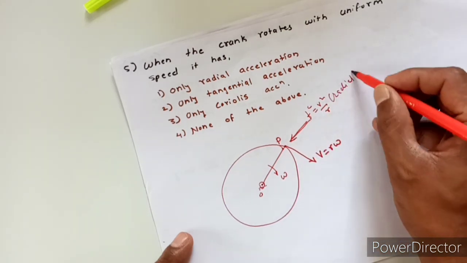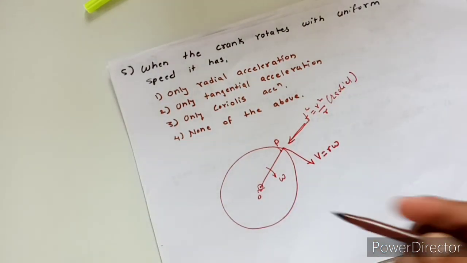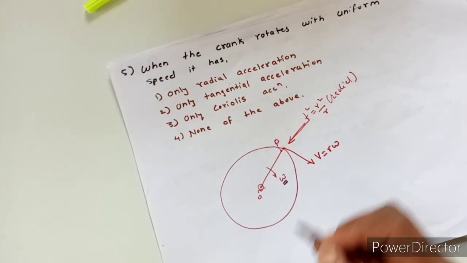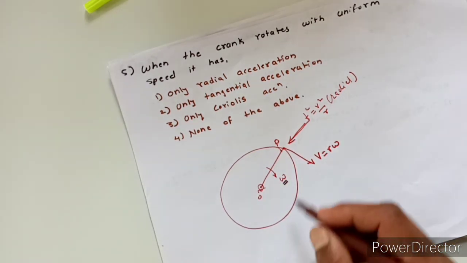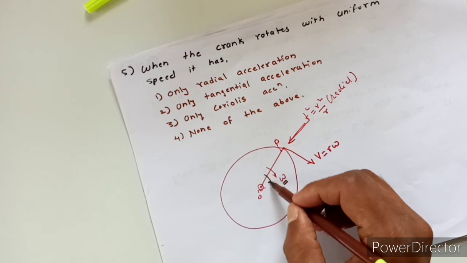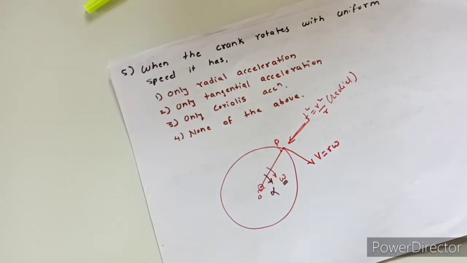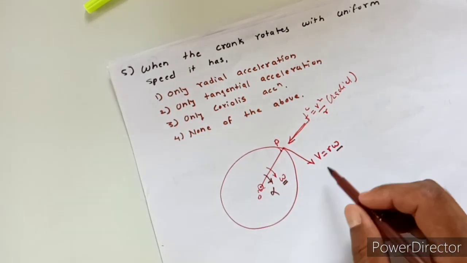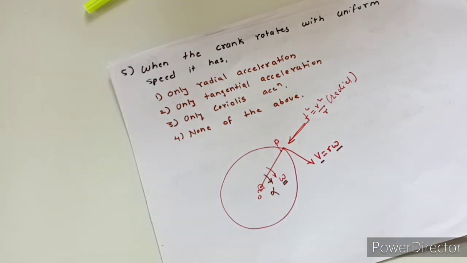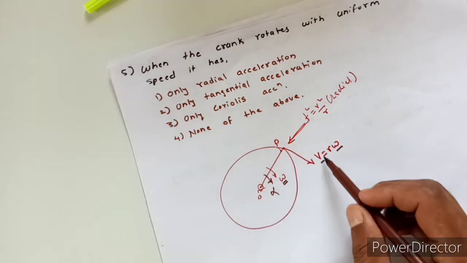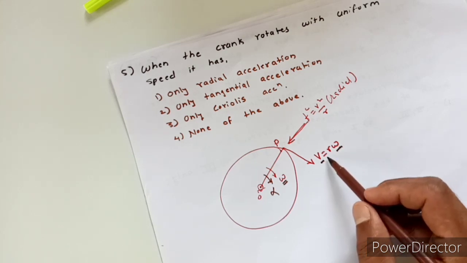Now suppose the omega is not uniform, it changes, so there will be angular acceleration of this link. Now when omega changes, it will cause a change in this v. So the magnitude of v will change with change in omega.